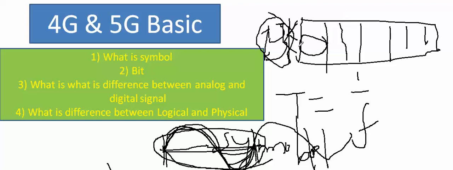So seven symbols are used in one resource block: 15 kilohertz in the frequency domain and seven symbols in the time domain. Now you can understand, that is called a symbol. I think everyone is clear about the symbol.